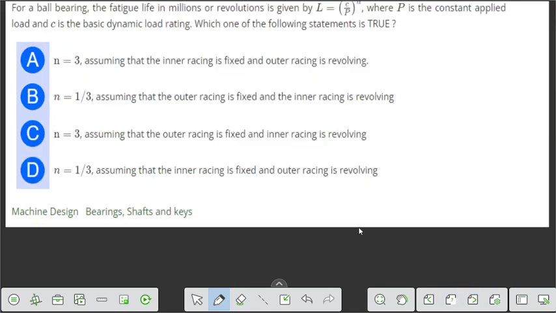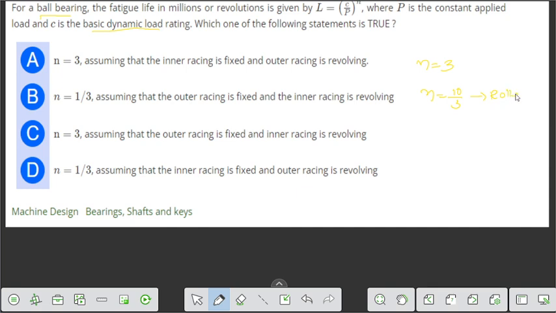Next question. For a ball bearing, the fatigue life in million revolutions is given by L equals C by P to the power n, where P is the constant applied load and C is the basic dynamic load rating. Which of the following is true? The given data is ball bearing. So we know for a ball bearing the n value is 3, and for a roller bearing it is 10 by 3.